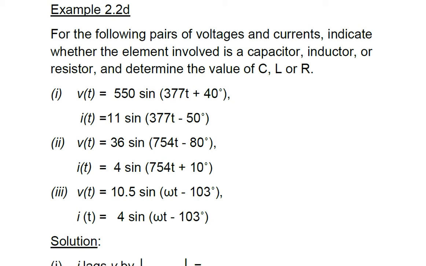For the following pairs of voltages and currents, I would add sinusoidal waveform, indicate whether the element involved is a capacitor, inductor, or resistor, and determine the value of the capacitor, the inductor, or the resistor by just understanding the waveform itself. So how do we do that? Let's see.